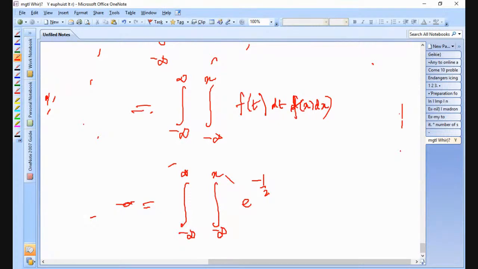Oh yeah, f of t will be standard normal, you're right. So it will be 1 by some constant, e to the power minus t square, dt.